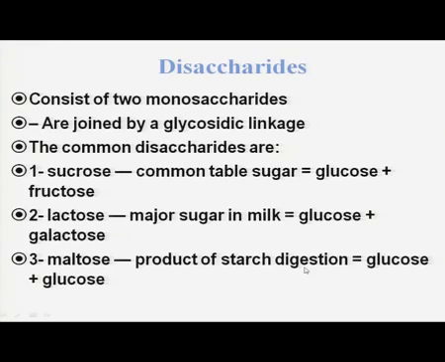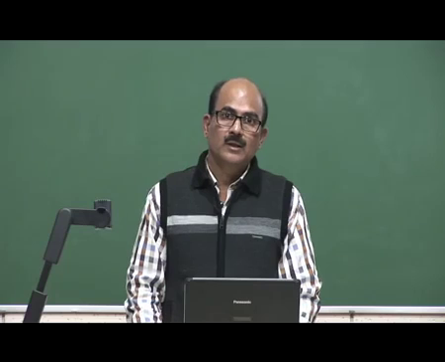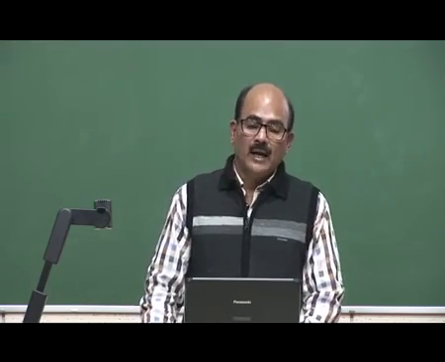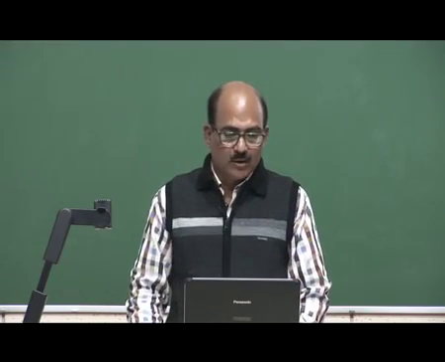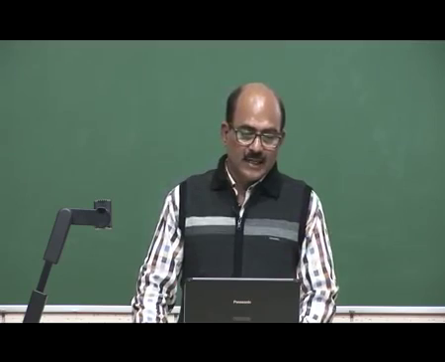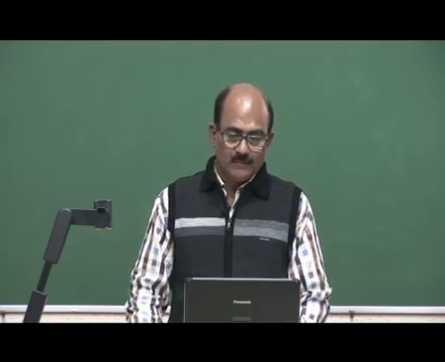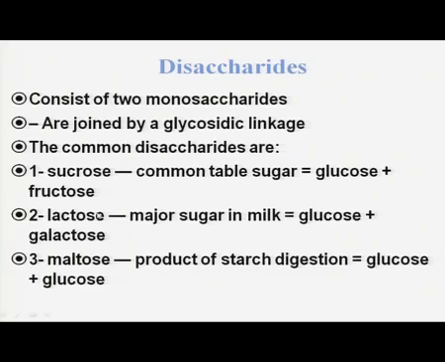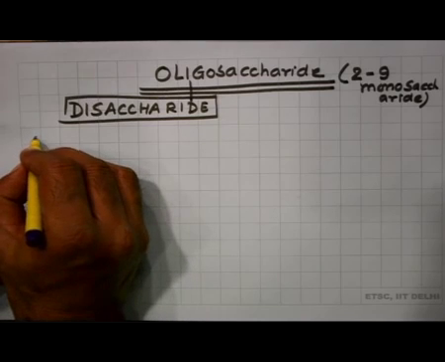Now, how the glycosidic bond is formed in disaccharide, and there are all 3 types of disaccharide, which are very common. And now, we are able to find out the structure of the glucose and fructose. Now, how the glycosidic bond is formed? See here. Now, first of all, the structure of maltose.